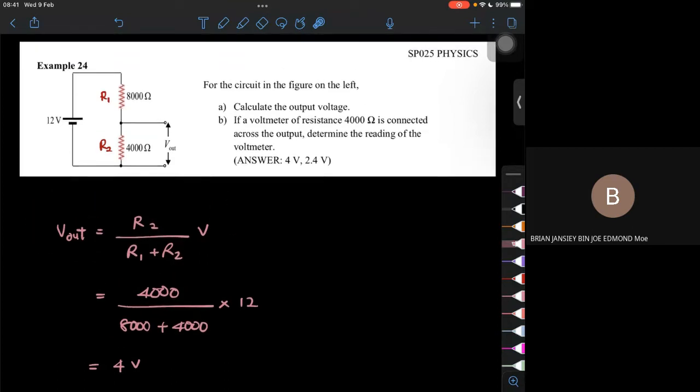Okay, so the second question. If a voltmeter of resistance 4,000 ohm is connected across the output, determine the reading of the voltmeter. Okay. So now it says there's a voltmeter with resistance 4,000 ohm connected across the output. So where is it connected?